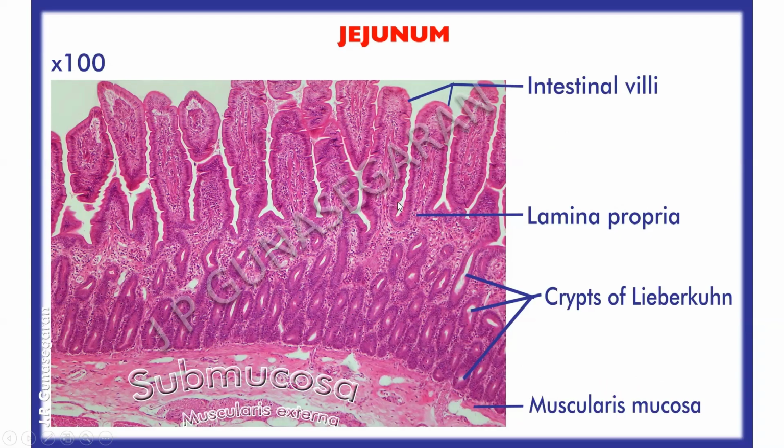This is a section of jejunum. The mucosa shows finger-like intestinal villi lined by simple columnar epithelium with goblet cells. Submucosa has no glands or lymphatic aggregations, Peyer's patches.